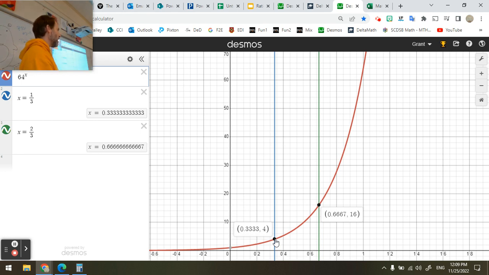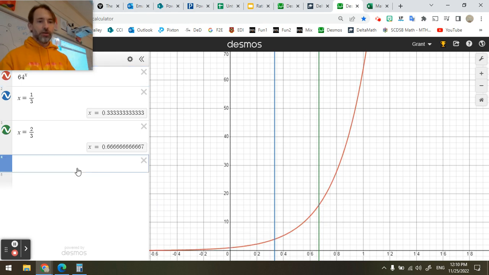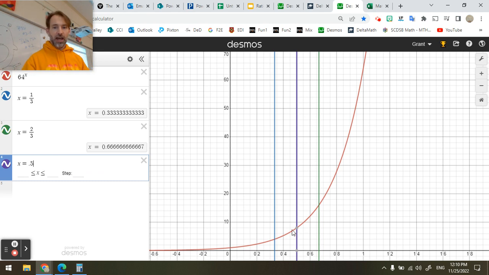And if you're looking for these fact families through the problems we look at today, you'll also find that they're there as well. We'll also have another nice one at x is equal to 0.5. If x is 1/2, this will give us 8, because 8 squared is 64. And notice again the smooth curve that joins all of these points.